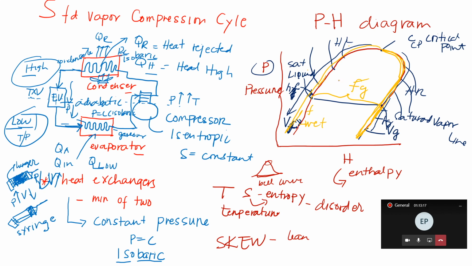And they are well described by the so-called X. What is X? Quality. The other name for quality is dryness fraction. Ibig sabihin hindi buo, merong portion na fluid, merong portion na gas.